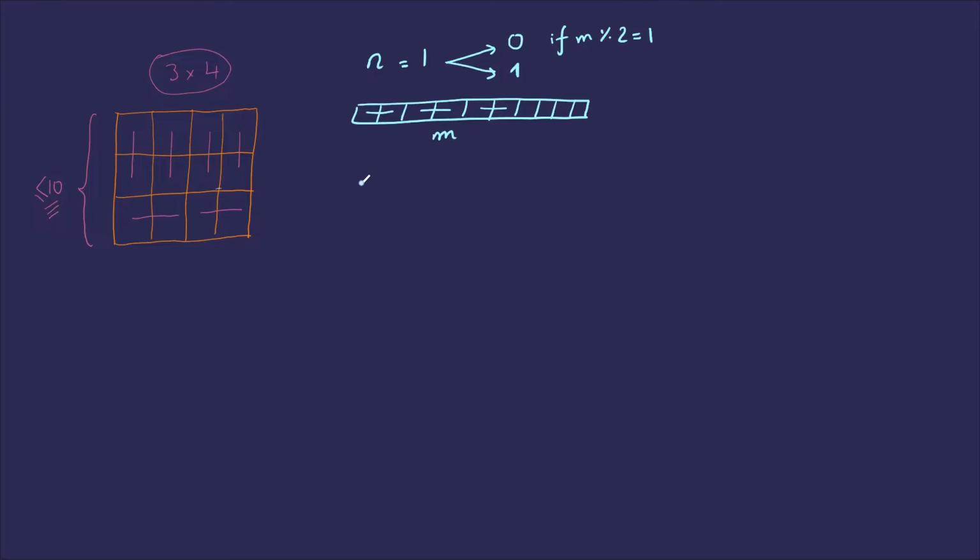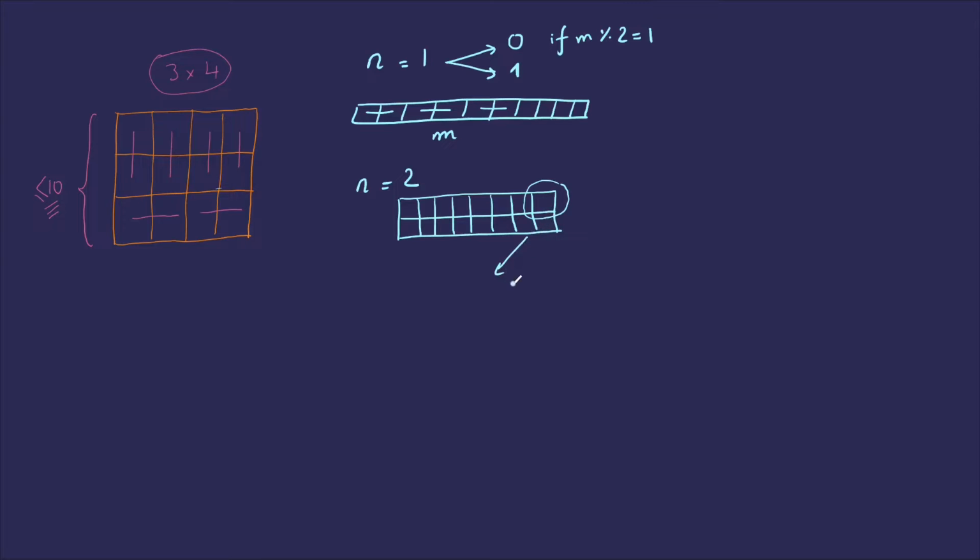Great. Now let's consider what happens when n is equal to 2. In this case, we will have the following grid. Now I invite you to consider this particular point here. In a valid tiling, this tile should be covered, and there are two possibilities.